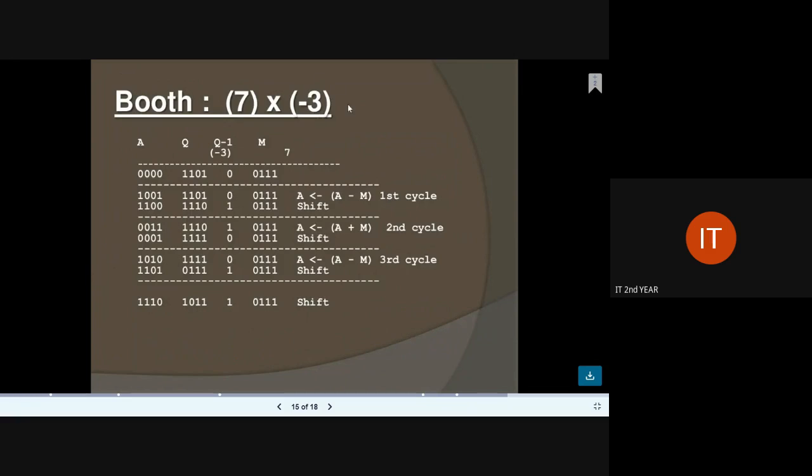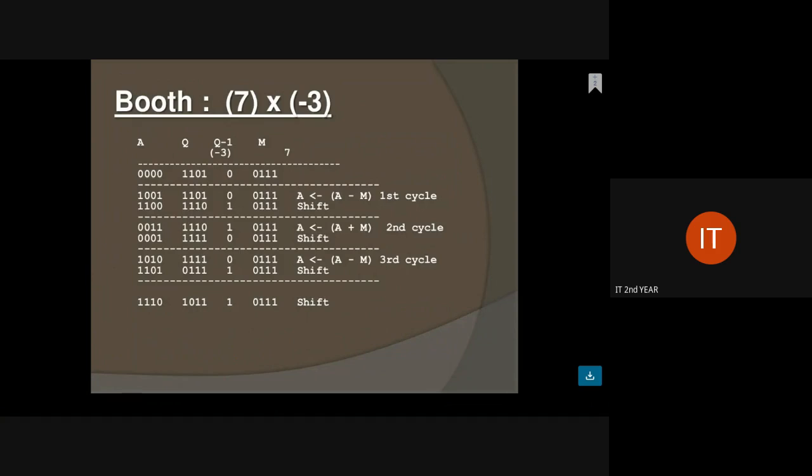So we convert the binary equivalent of 3, which is 0011. We take the 2's complement of 0011 and use that value in this procedure.